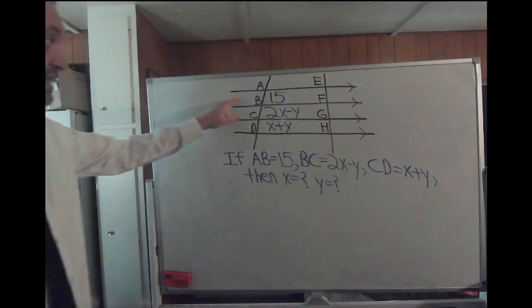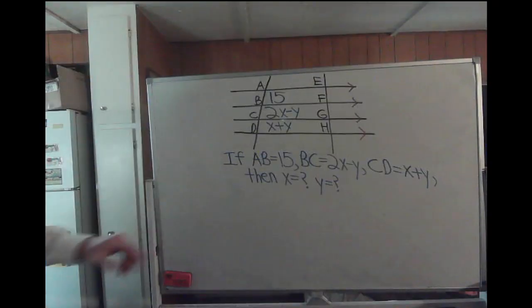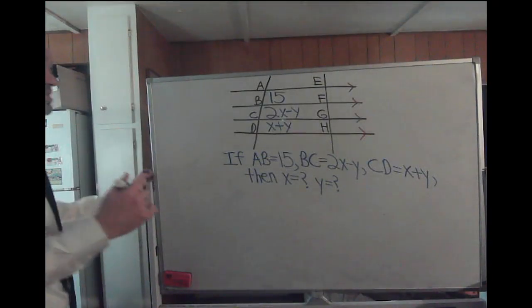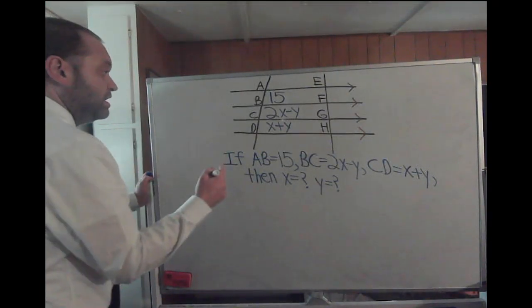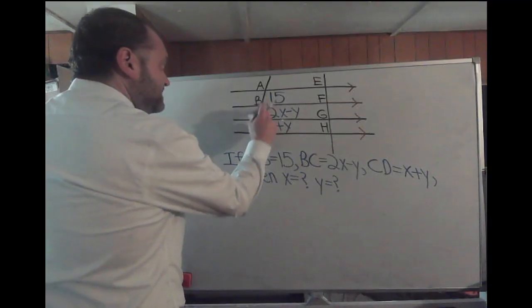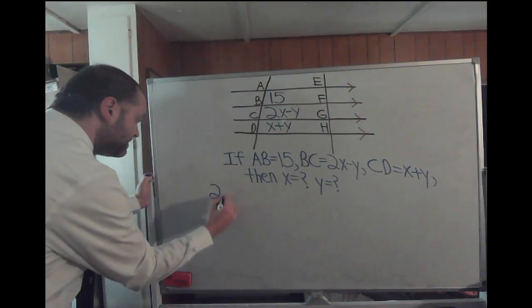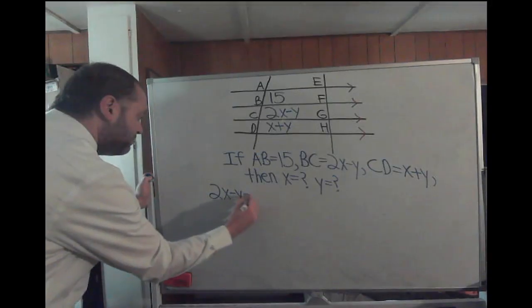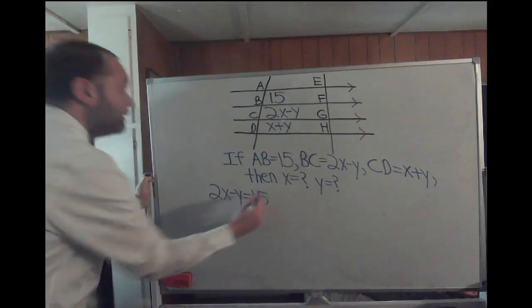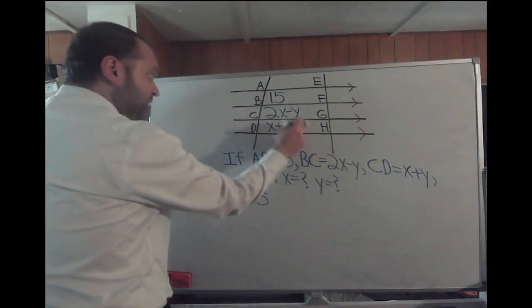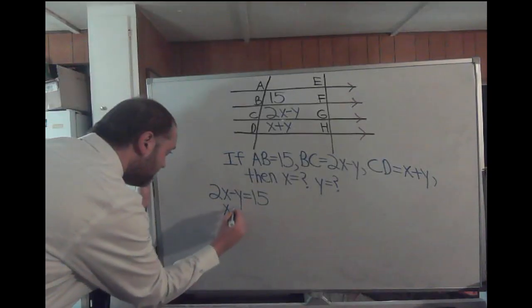Well, if all these segments are congruent to each other, we're going to get a nice system of equations. So all you got to do is take BC, set it equal to AB, so that would give you 2x minus y would equal 15, right? That would also give you x plus y equals 15.